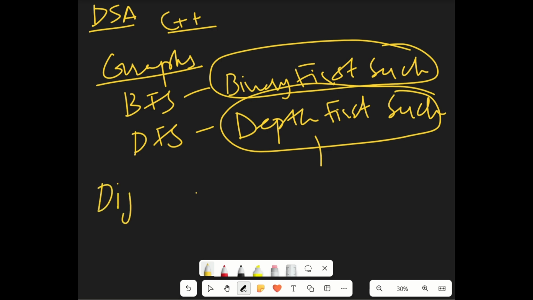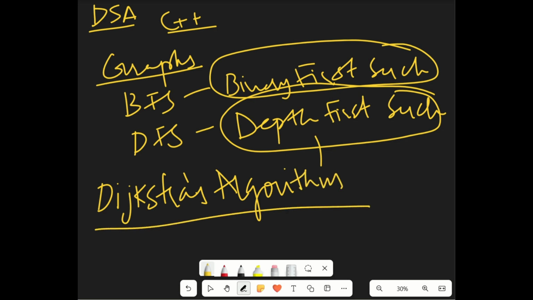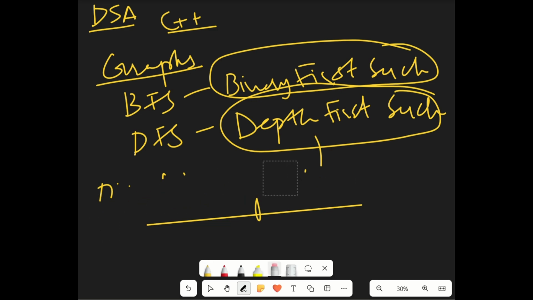So it's like this. Dijkstra's algorithm. Okay, and this is important. It finds the shortest path in a weighted graph. I will just try to mention these in the description, but let's see.